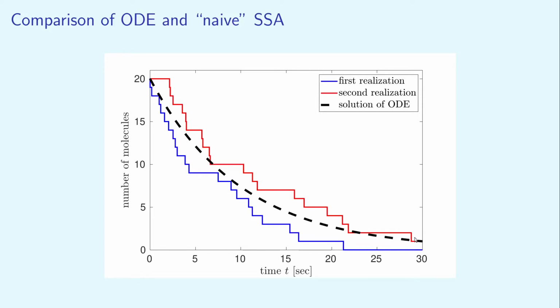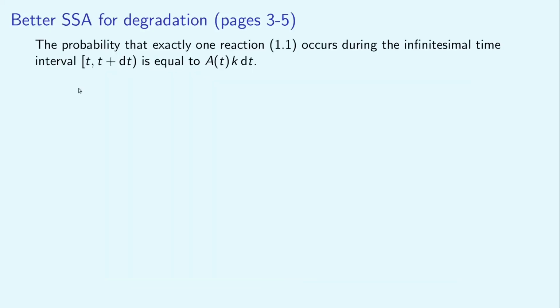We will prove this in a short while, but before doing that, let us first discuss the accuracy and efficiency of our naive stochastic simulation algorithm A1B1. We defined reaction R1 by stating that the probability that exactly one reaction occurs during the infinitesimal time interval [t, t+dt] is equal to A(t) times k times dt.